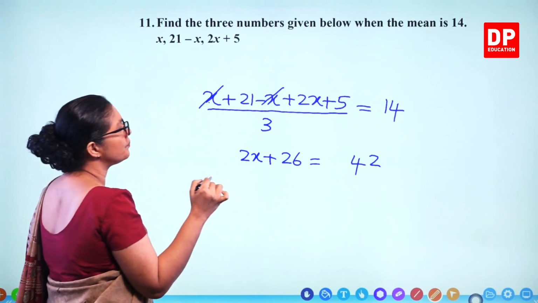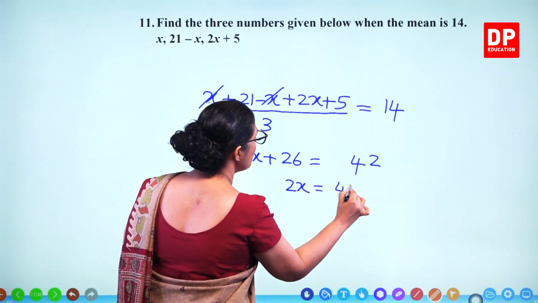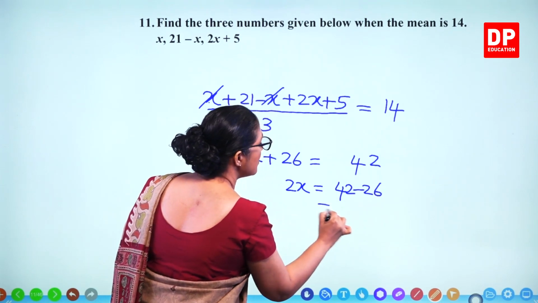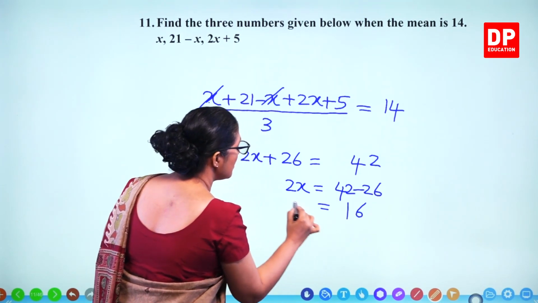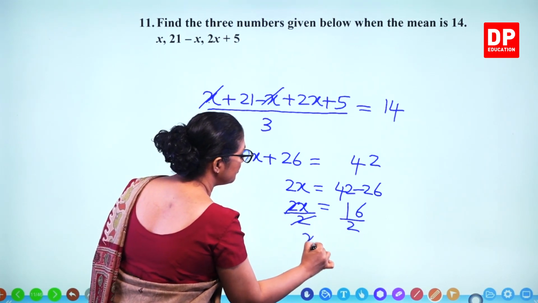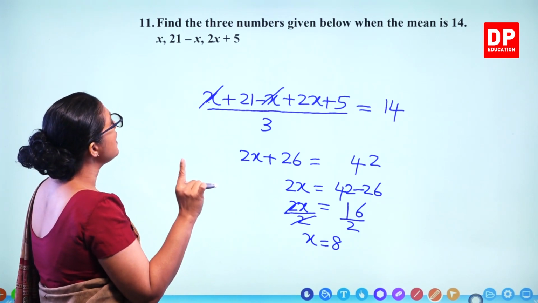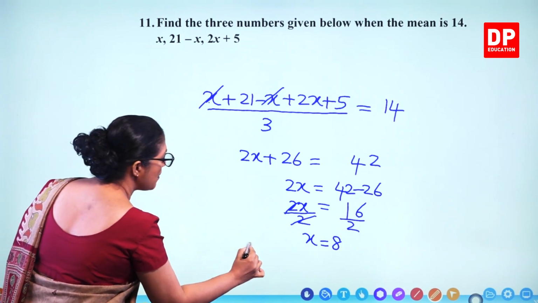That's 42. So what is x? 2x equals 42 minus 26. So x becomes, divide by 2, that's 8. X is 8. But you are asked to find 3 numbers. So first number is 8.